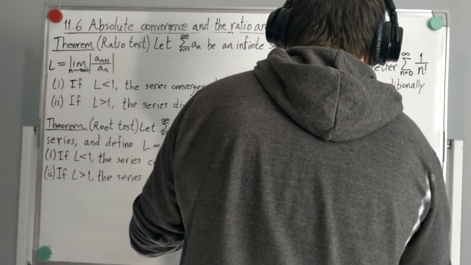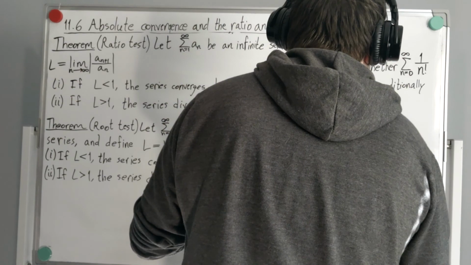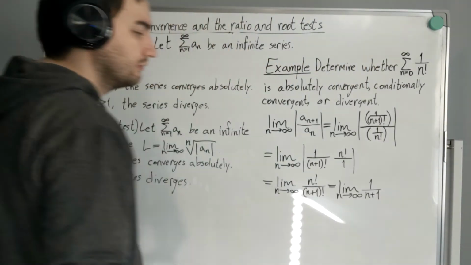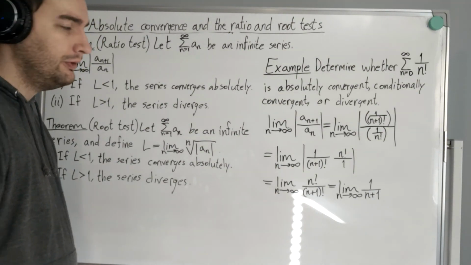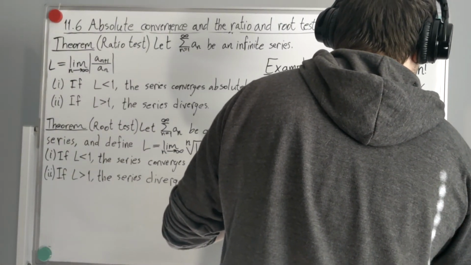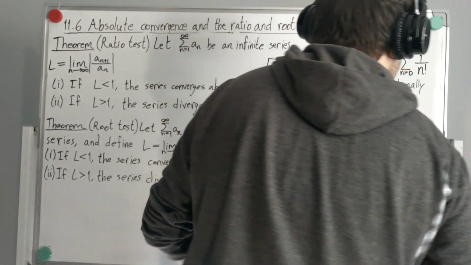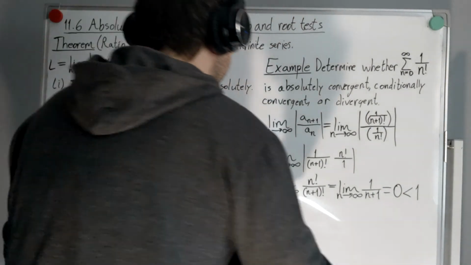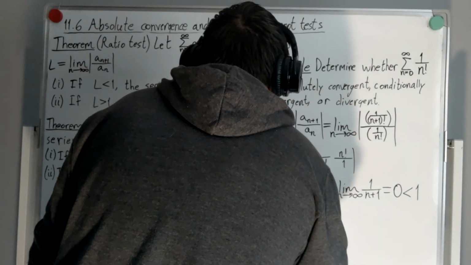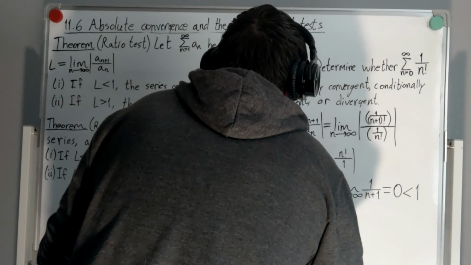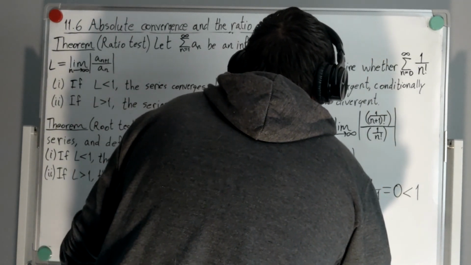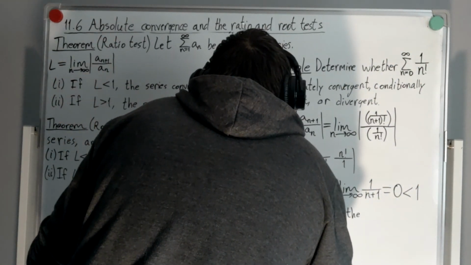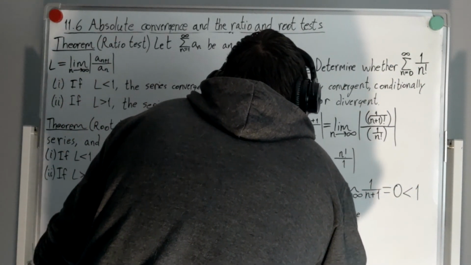So this is the limit as n approaches infinity of 1 over n plus 1. So as n approaches infinity, this approaches 0, which is less than 1. Okay? And so, by the ratio test, the series is absolutely convergent.